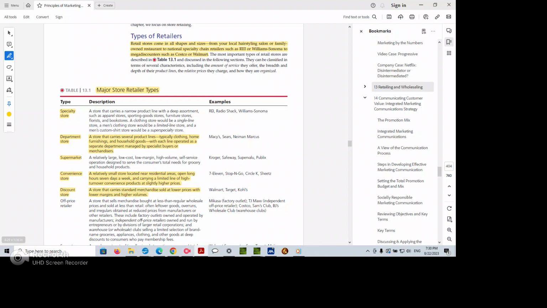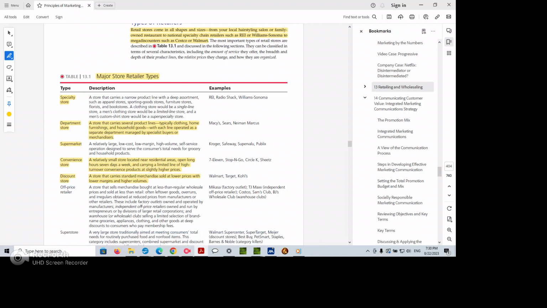And then, of course, we have the off-price retailer, which is not as common. That is a store that sells merchandise bought at less than regular wholesale prices and sold at reduced prices from manufacturers or from other retailers. These include factory outlets owned and operated by manufacturers, independent off-price retailers owned and run by entrepreneurs, or divisions of larger retail corporations and warehouses.